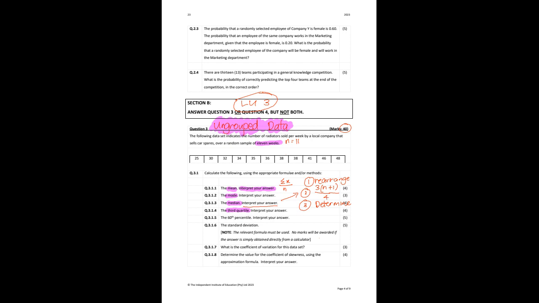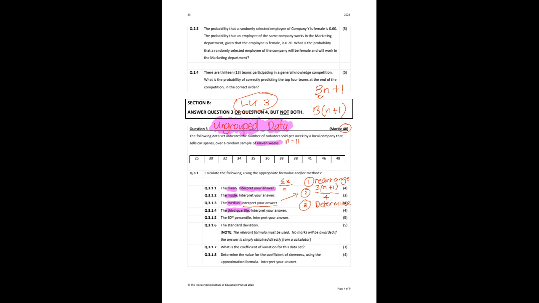Please pay attention to the brackets here. Remember, it is not 3n plus 1, because then you're attaching the n to the 3, which is not correct because you will end up with a different answer. Make use of the brackets. So it will be 3 multiplied by n plus 1, and that would be divided by 4.